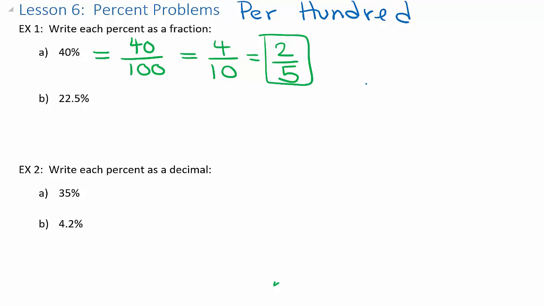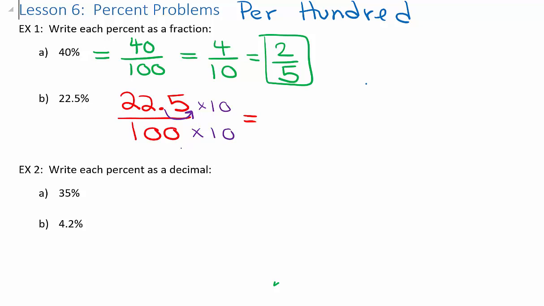In fact, if I want to take any percentage and change it into a fraction, I take that number, so in example B, 22.5, and I write it over 100. Now, having a decimal within a fraction is kind of ugly, so I'm going to clear that decimal by multiplying the top and bottom by 10. Multiplying by 10 basically just takes the decimal and moves it one place over to the right.